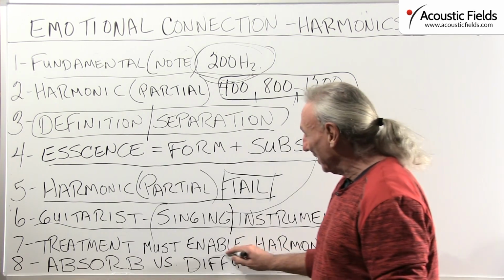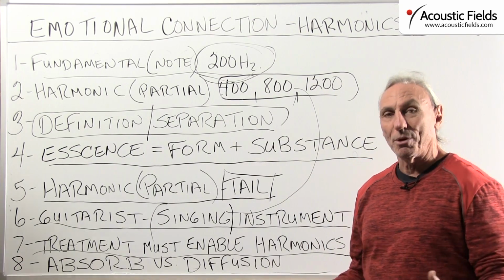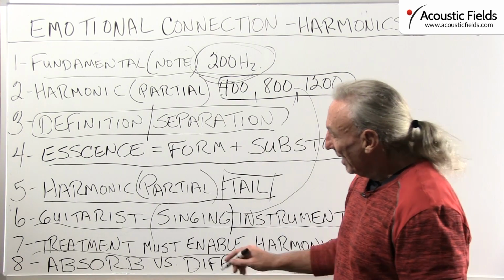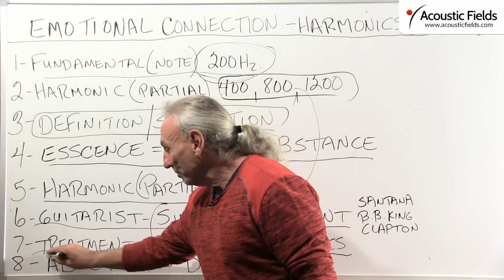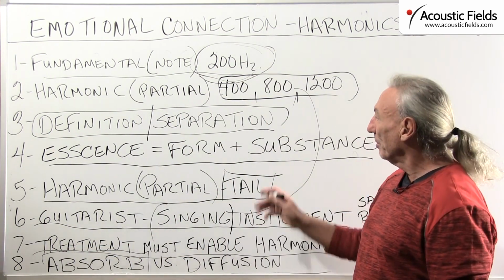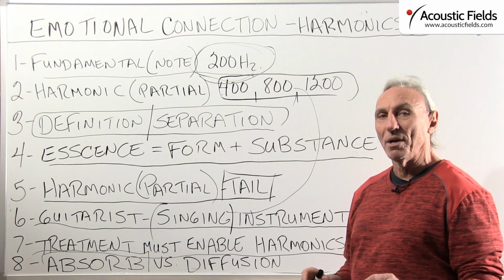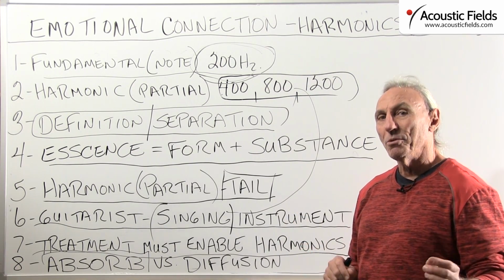Now, on the treatment side, how do we do that? Well, we have our two technologies, absorption and diffusion. I see a lot of people using absorption, and that's good. But you have to be careful with absorption and the harmonics, because there's a tendency to kill the harmonic with too much absorption.